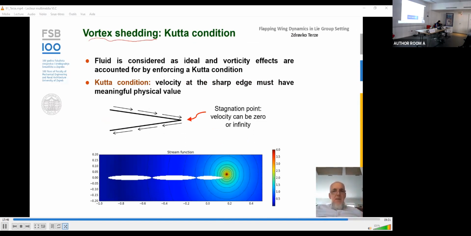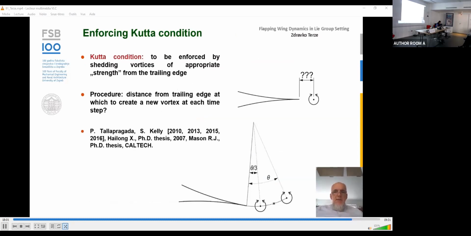This mechanism can be enforced by the Kutta condition, which states that velocity at the sharp edge must have a meaningful physical value. To this end, several authors propose different algorithms to enforce the Kutta condition. However, in most cases, the position of the next shed vortex is not determined exactly, but is assumed at a certain position.